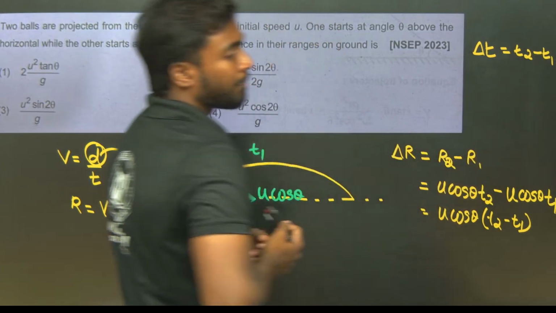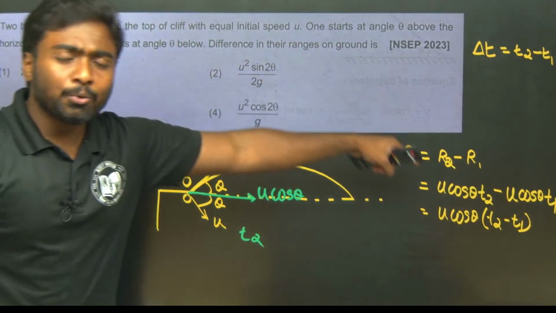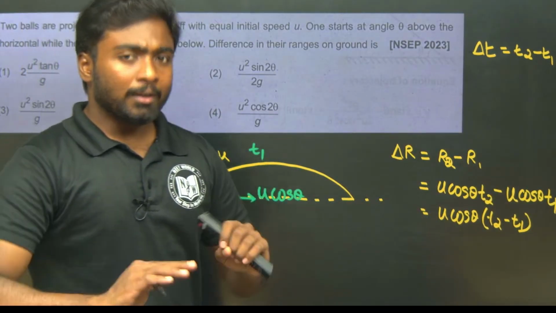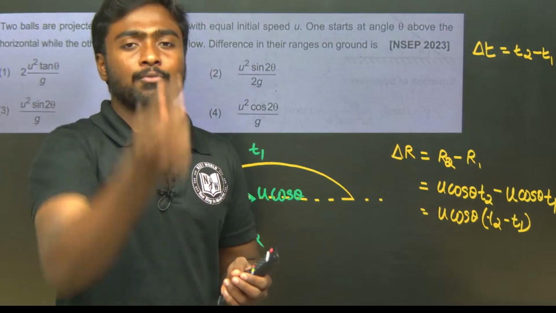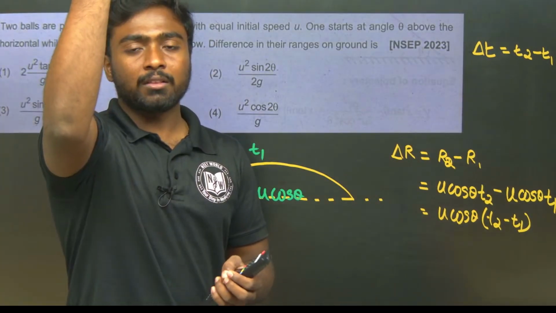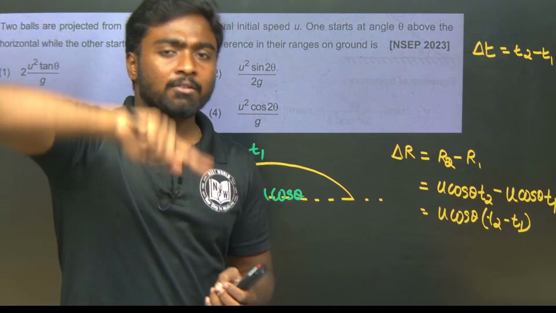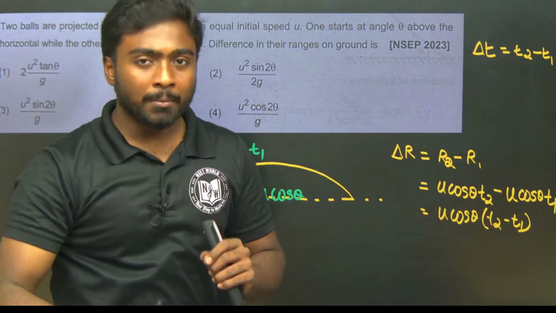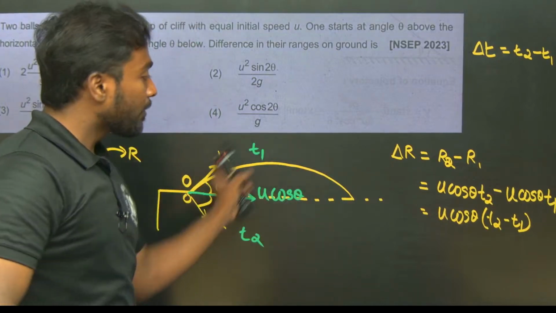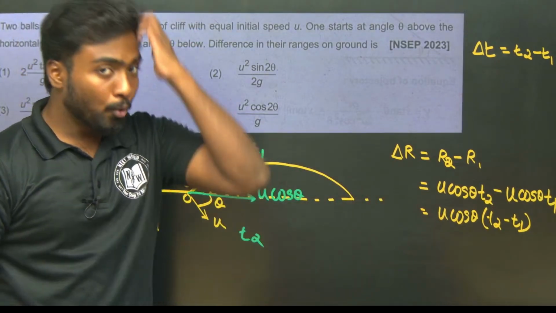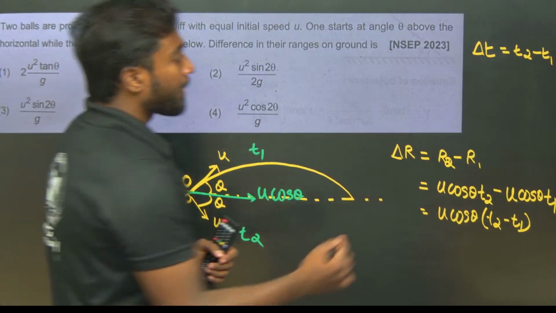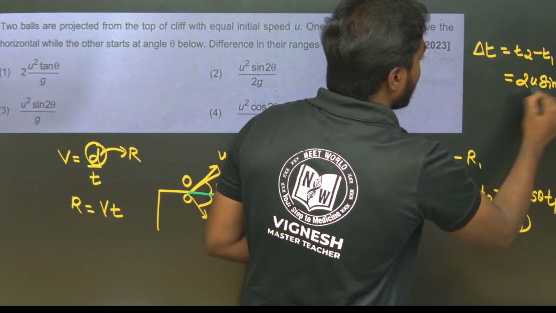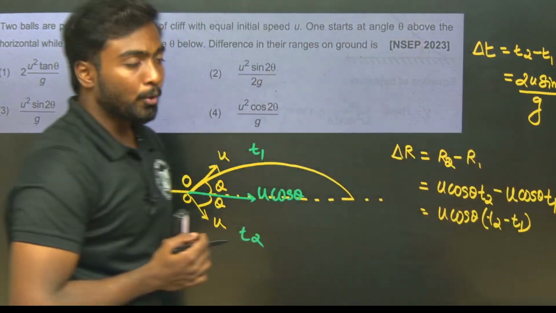I'll keep it as it is. So what is the time taken to complete the projectile motion? If I project a ball with a velocity in the vertical direction, it will take u by g to reach the maximum height, and 2u by g to come back. Similarly, in the projectile motion, it is 2u sin theta by g.